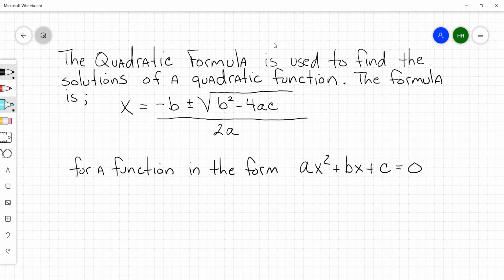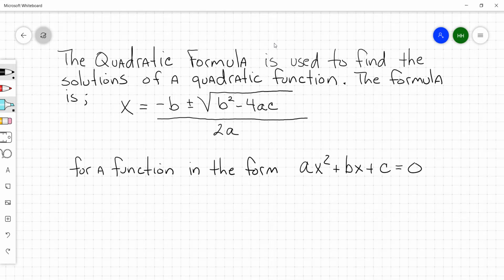The way that this quadratic formula works is you manipulate your function until it is in this form here, this ax squared plus bx plus c form, which basically means everything's on the left-hand side of the equal sign, and the equation is set equal to 0.